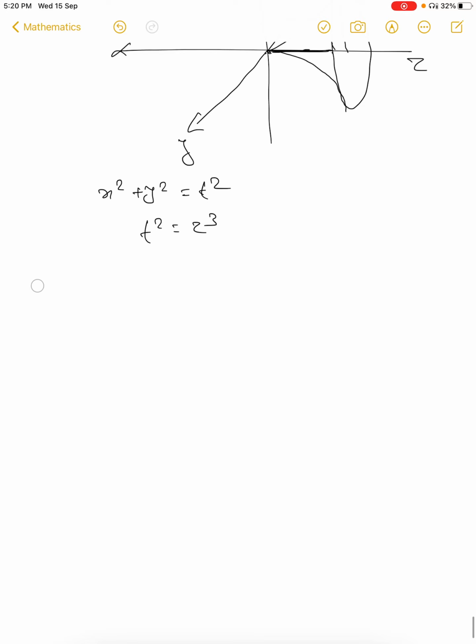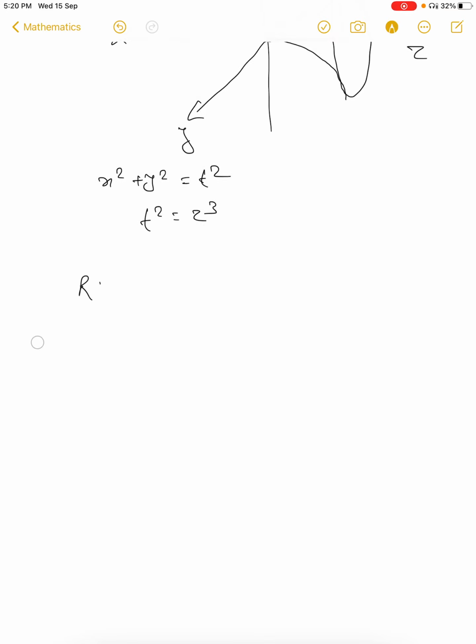So here the solution: the volume of region R will be the integral from 0 to 1 of pi t square dz, where t is root under x square plus y square.